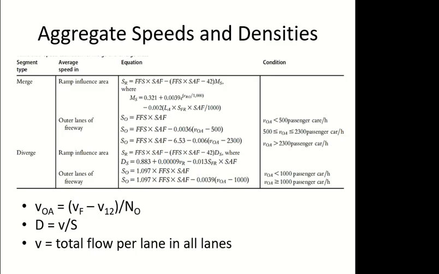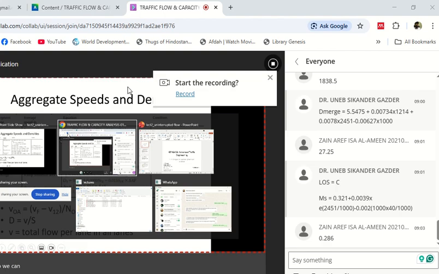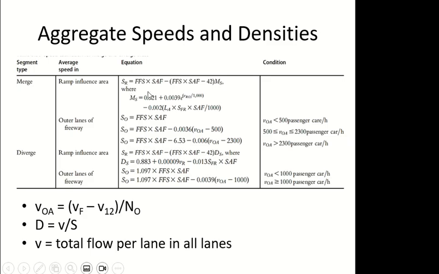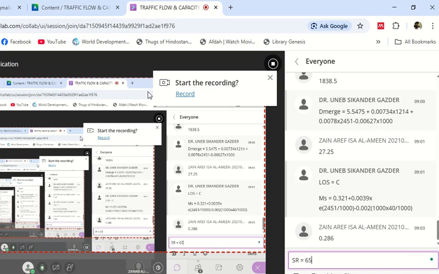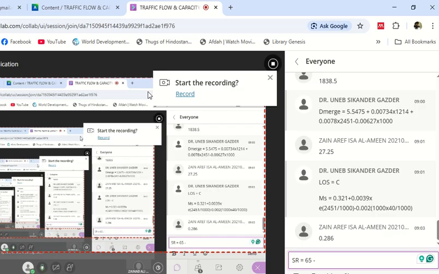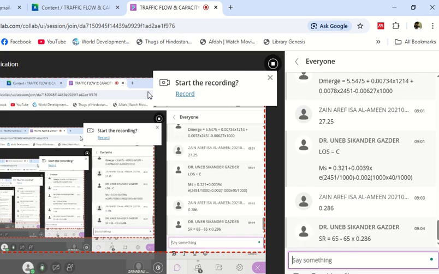Okay, so we can move on, calculate the speed and the influence area. So free flow speed of the freeway itself minus this into 0.286. How much is that?